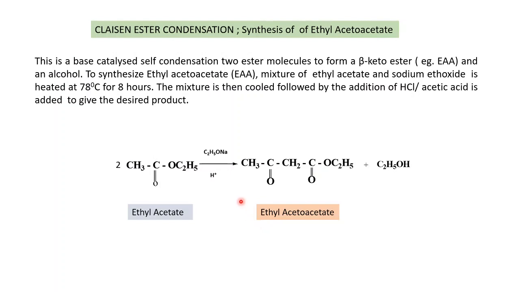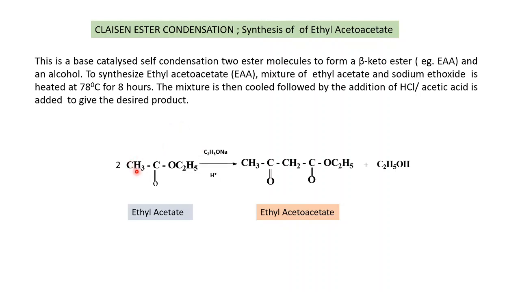Now what is Claisen condensation and how can we prepare ethyl acetoacetate using Claisen condensation? Claisen condensation is basically self-condensation of an ester molecule in presence of base to give active methylene compounds. If we take ethyl acetoacetate as a representative compound, the ester to be taken is ethyl acetate.